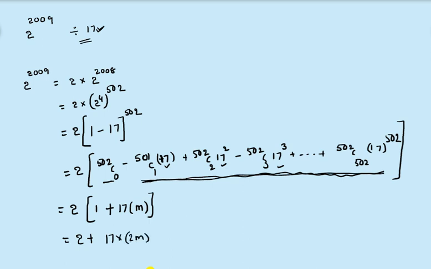Now tell me, when it is divided by 17, it is exactly divisible. What is the remainder left here? 2 is the remainder. That's why when 2 power 2009 is divided by 17, we will get the remainder as 2. That is the way to proceed with this type of question.